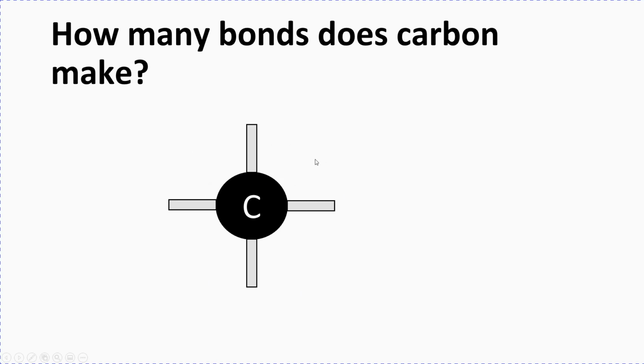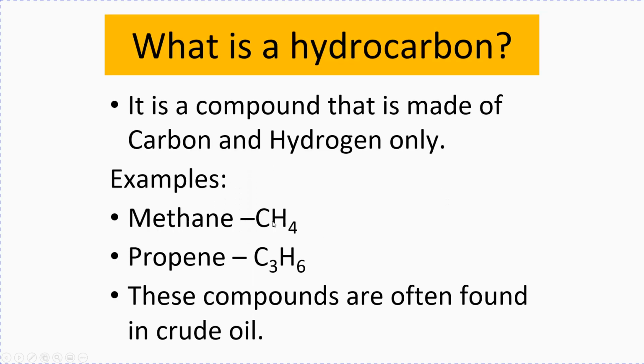Hydrogen each needs to form 1 bond, right? So on each of these bonds around the carbon, I will have a hydrogen. So I've got 1 carbon and 1, 2, 3, 4 hydrogens. Like we've just said before, that would be methane.